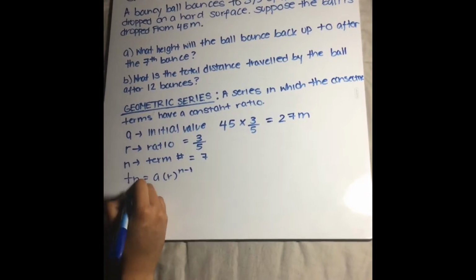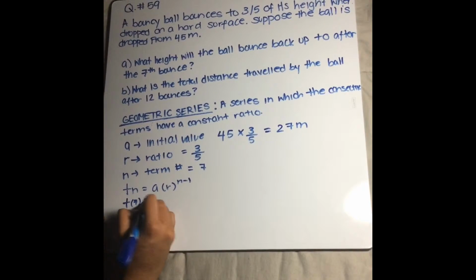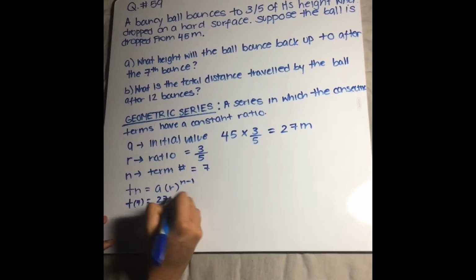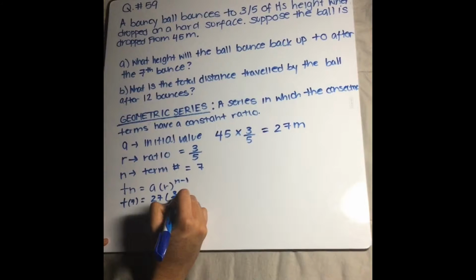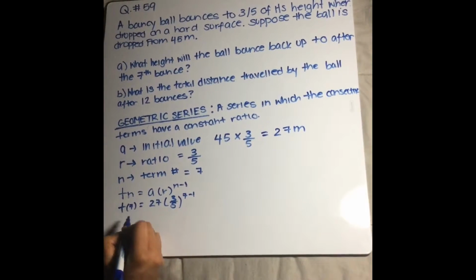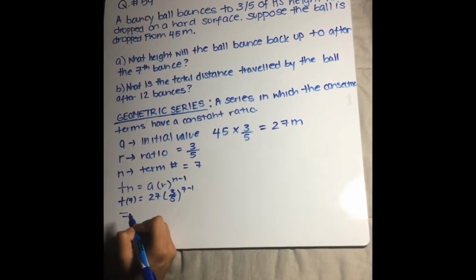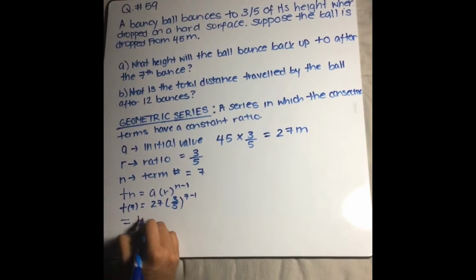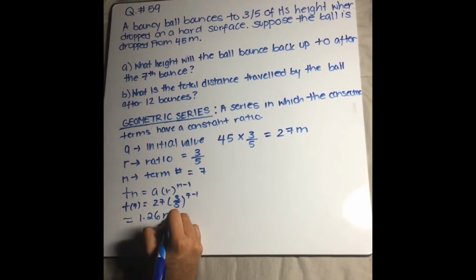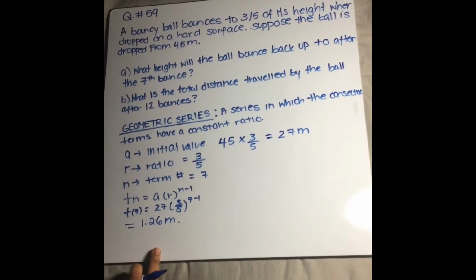Then you plug in your variables. So n is 7 in this part, A is 27, and R is 3/5. Then n is still 7 minus 1. Once you complete that, you end up with 1.26, and that's in meters. That would be your answer to question part A.